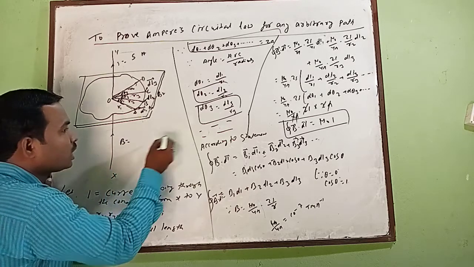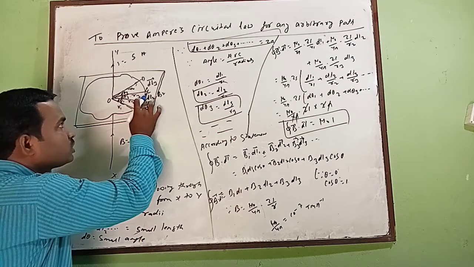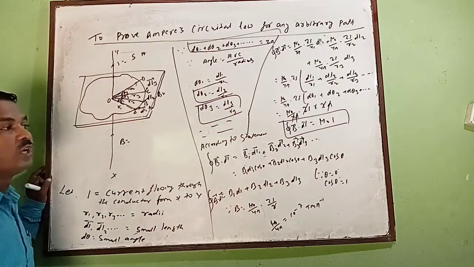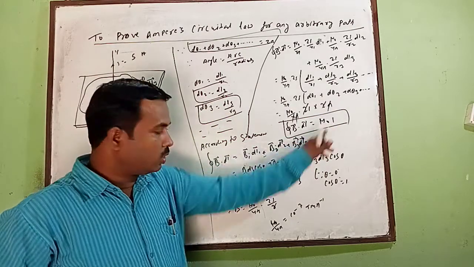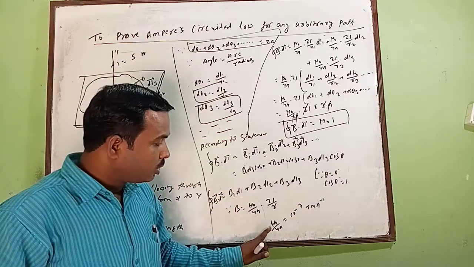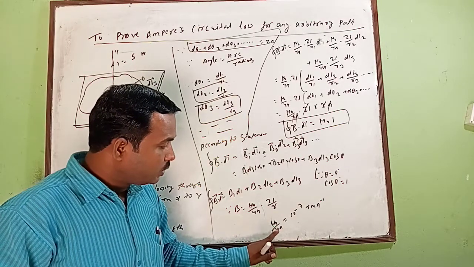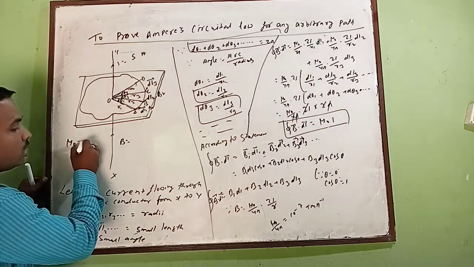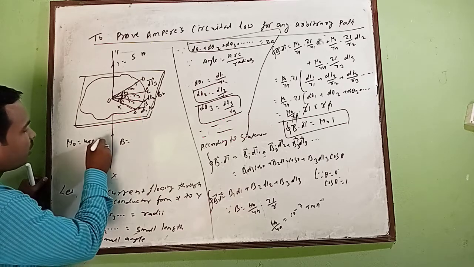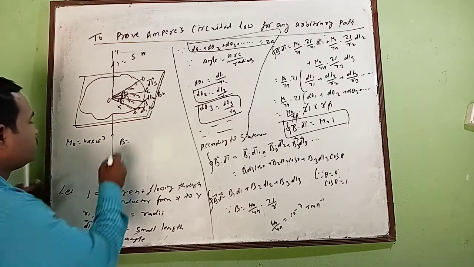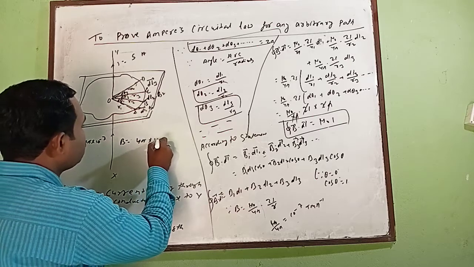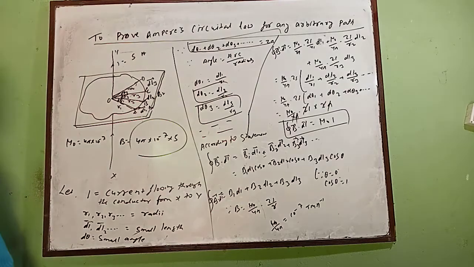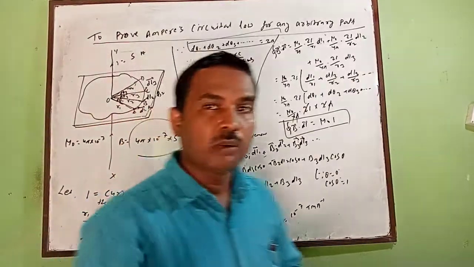You know B is equal to, according to that formula, and you can find it. What is the value of mu naught? Mu naught is 4 pi into 10 to the power minus 7. Substitute this value, 4 pi 10 to the power minus 7 into 5, and you can calculate the value of B, the magnetic field.